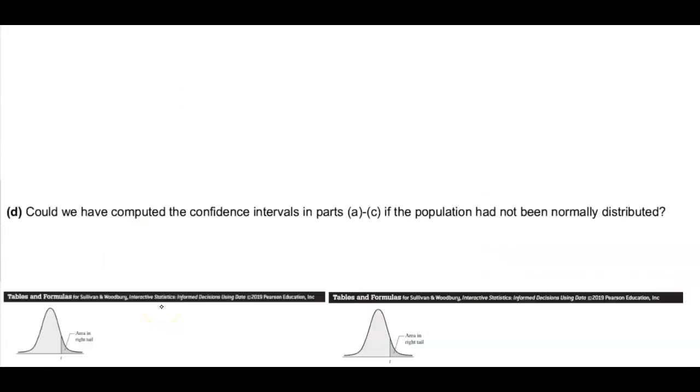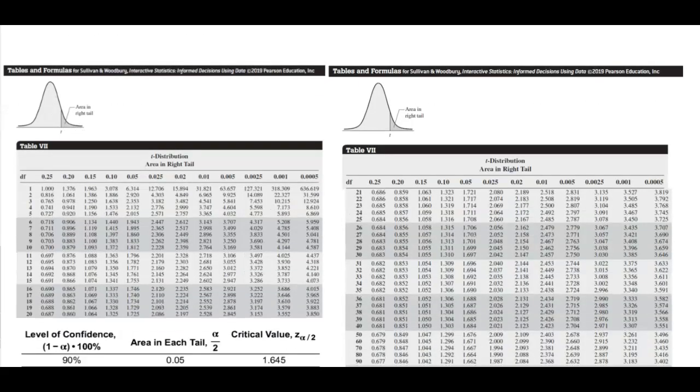Let's go down here on our table and look at 19. Here is 19, and we're looking for the area of 0.01. So there is 0.01. And what do we get? We get a critical value of 2.539.